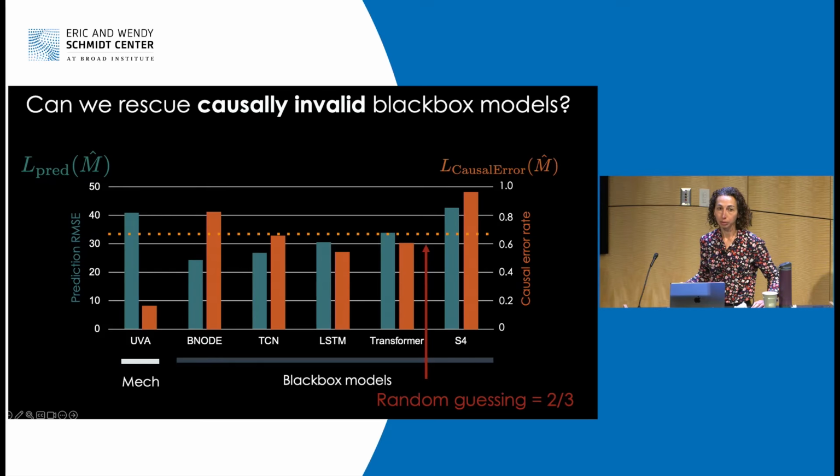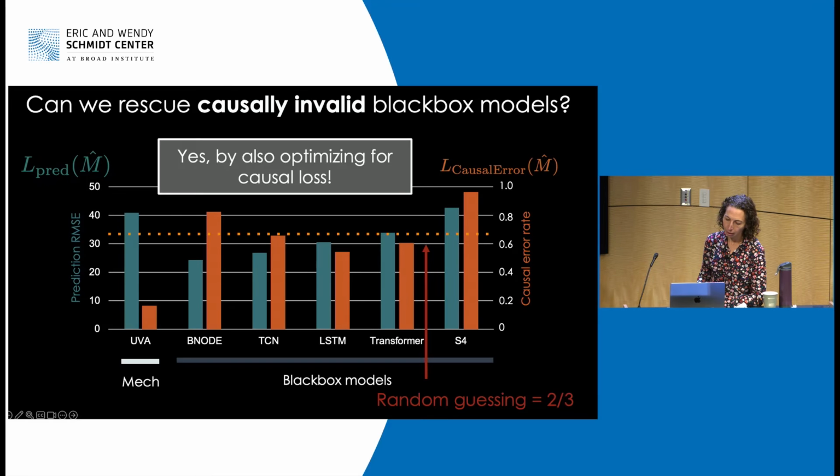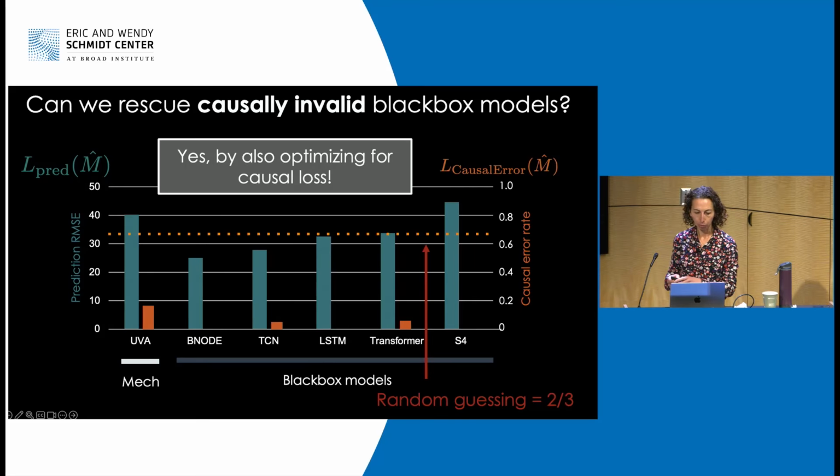And so a question, though, is whether we can rescue the causal validity of these black box models. And the answer is yes. With just a small tweak to the objective function, where we penalize for these misranked intervention sets that are in our bag of domain knowledge, we see a dramatic reduction in causal error rate.